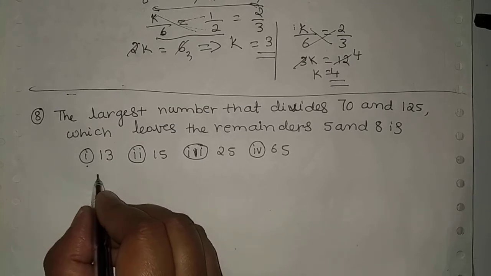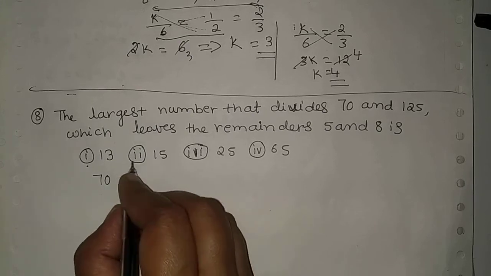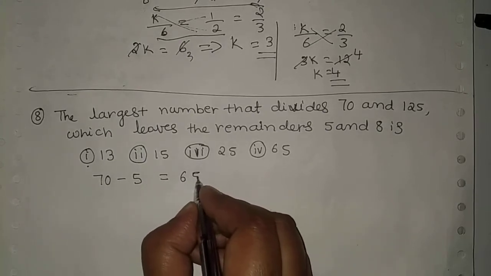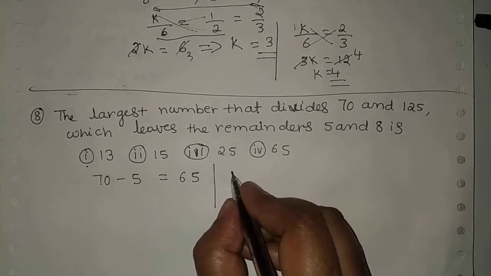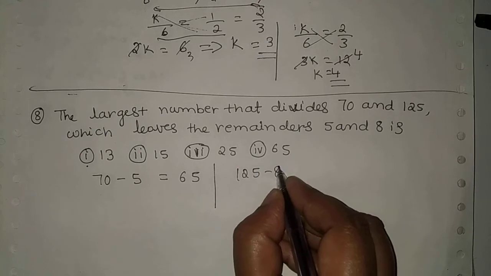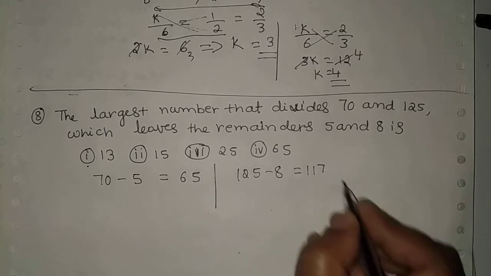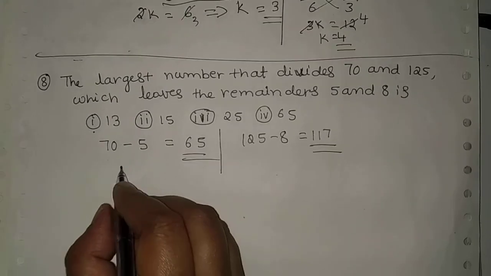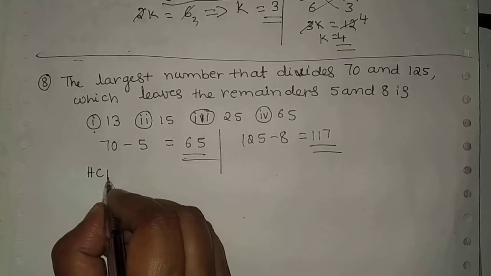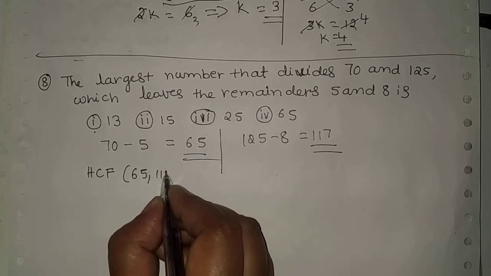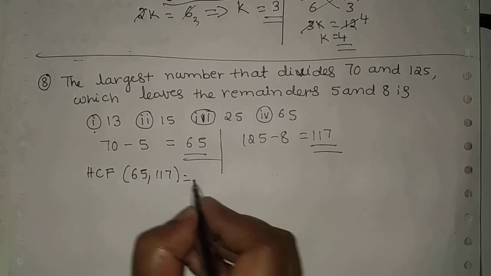So take this number, that is 70 minus 5 is equal to 65. Next 125 minus 8 is equal to 117. So these two numbers we got. Next HCF of 65 and 117 is equal to.